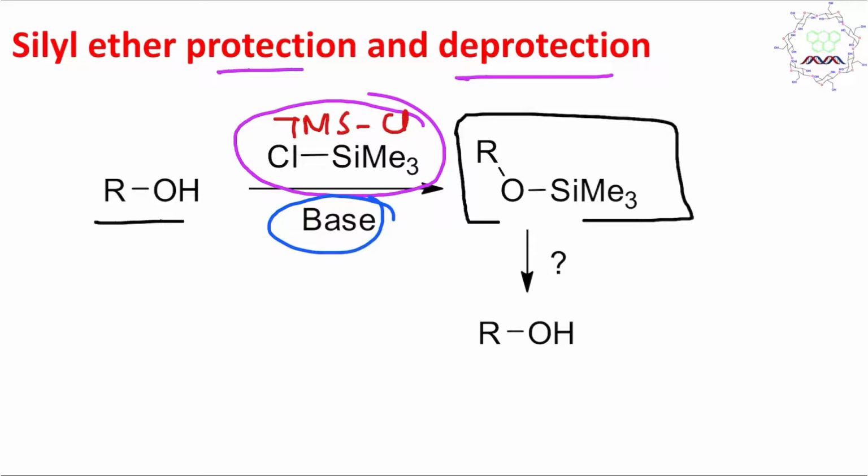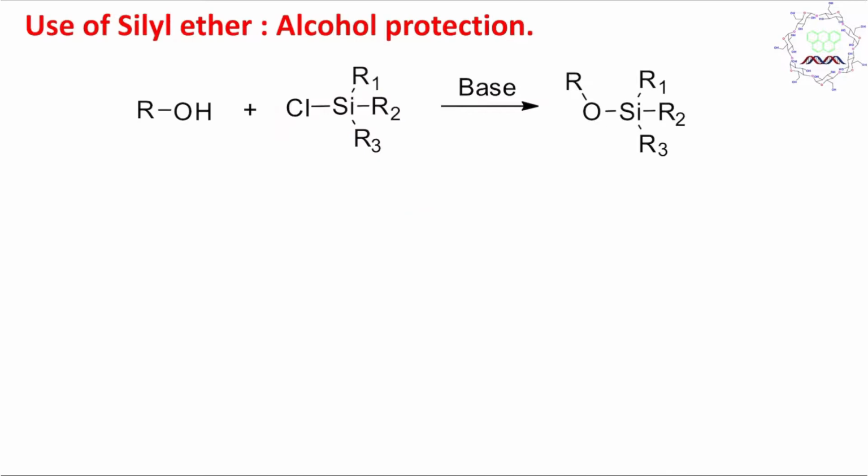Later on, whenever this alcohol is needed, it is deprotected, and I shall discuss 4 methods for this deprotection also. So let's go stepwise. First, the use of this silyl ether chemistry, that is alcohol protection.